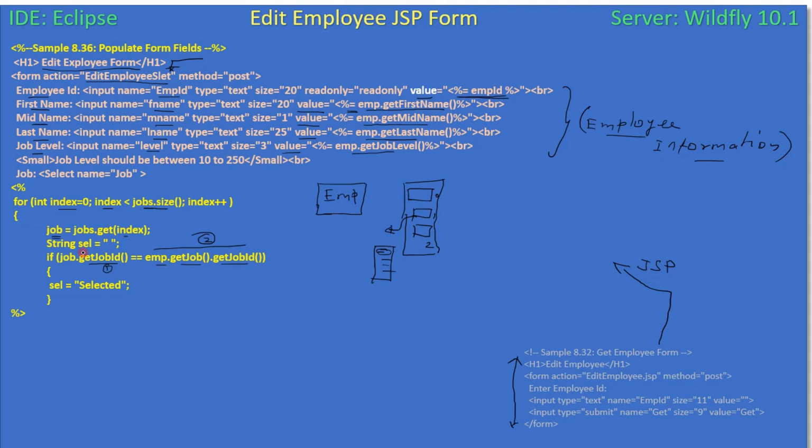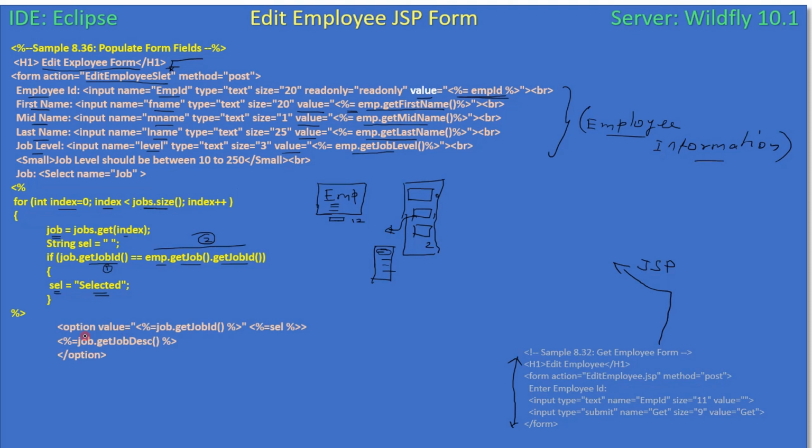We are picking this ID, then comparing it with the fetched employee information, which will have employee first name, middle name, last name, and the job ID as well. So we are checking if this employee, say for example 12, is playing the role of editor. There may be multiple job roles, so when there is a match, we set a string cell equal to selected.